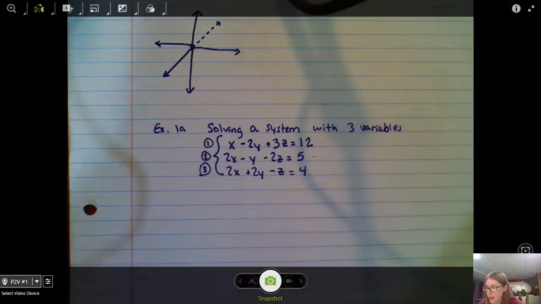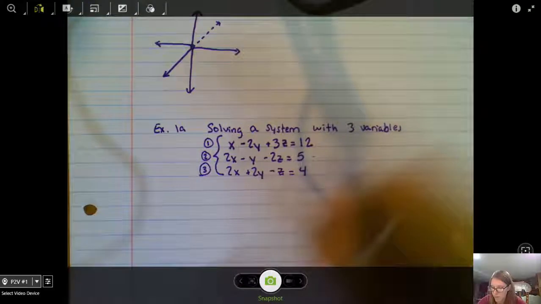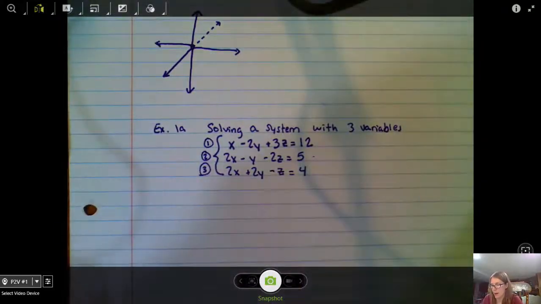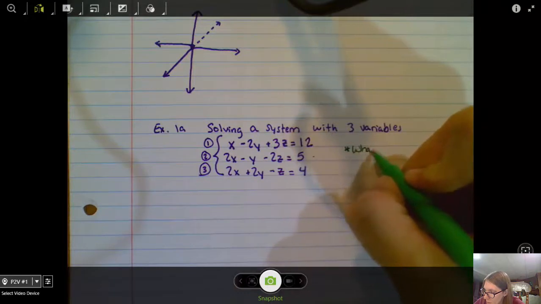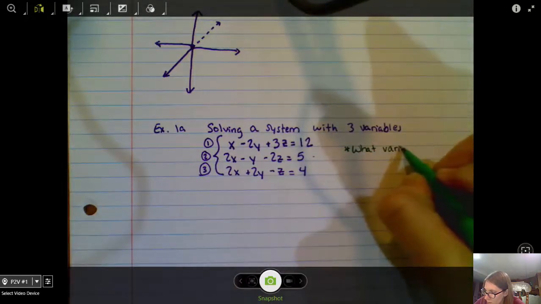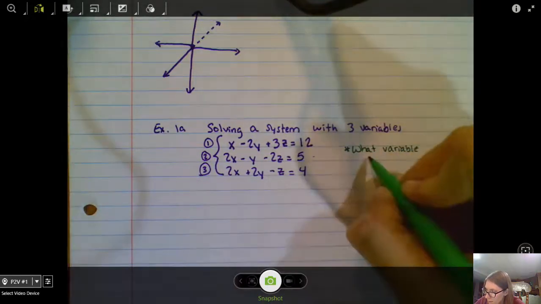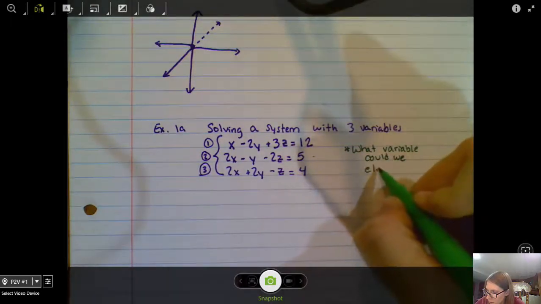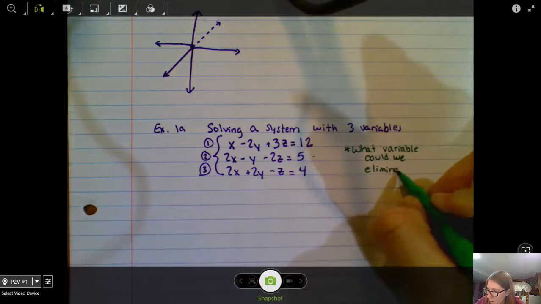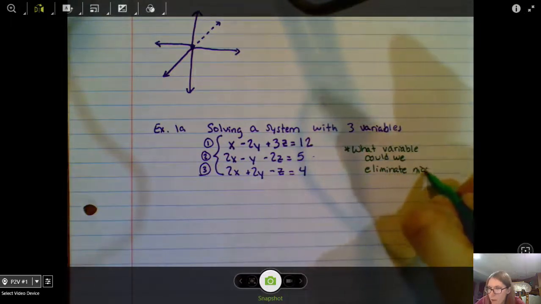Now, to get us started, when we are solving a system, we need to figure out what variable we could eliminate. What variable could we eliminate nicely?